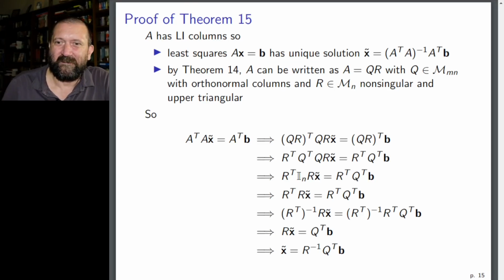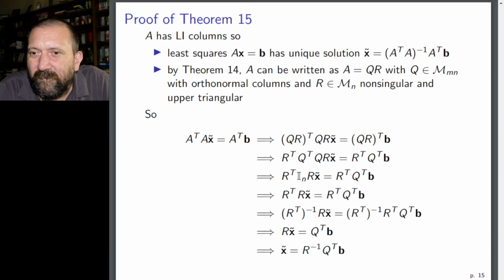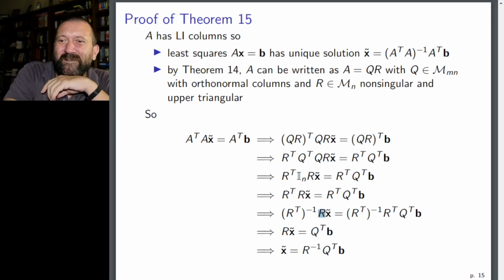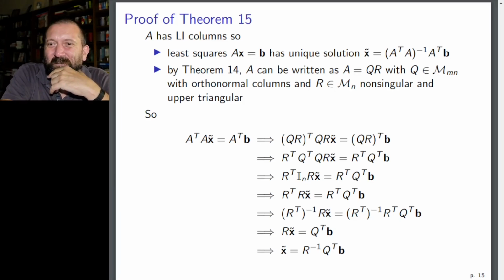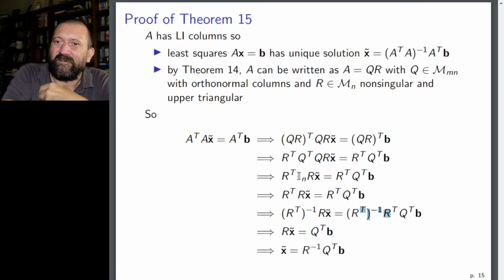I just hit it on the left with the inverse. So I multiply on the left by R transpose inverse both sides of the equation, and that gives me R transpose inverse times R transpose. Oops, I forgot my R transpose here. Another thing to fix. R transpose inverse times R transpose, they both give you identity, and so they disappear, and you're left with R times x tilde equals Q transpose times b.